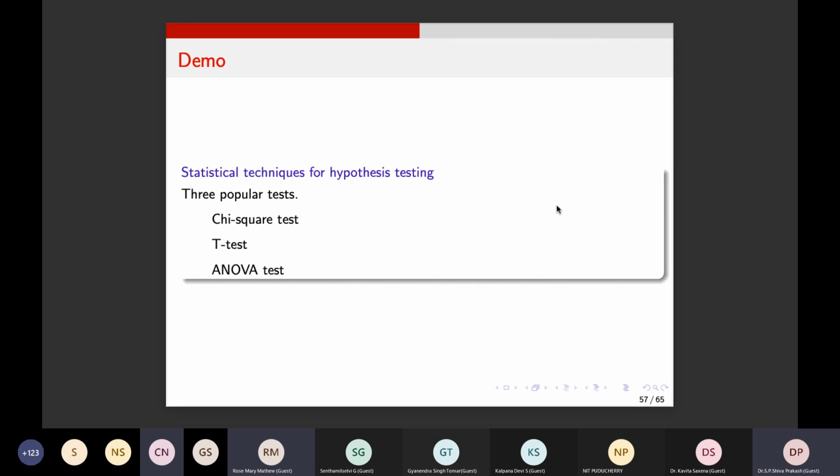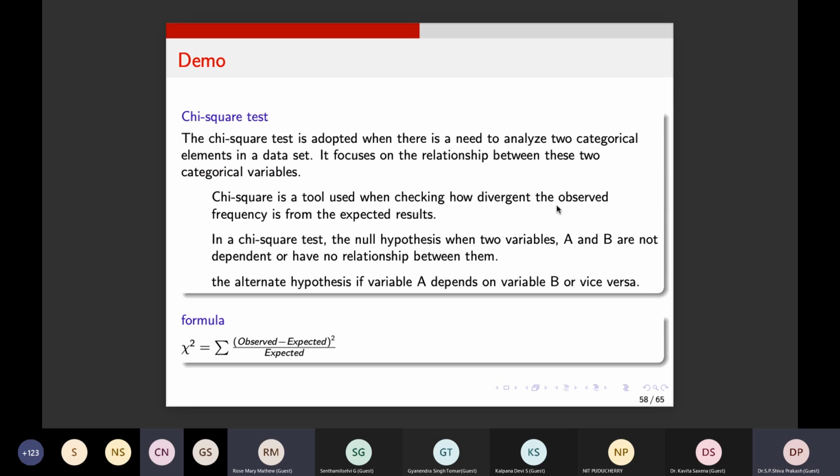The chi-square test is adopted when there is a need to analyze two categorical elements in a data set. It focuses on the relationship between these two categorical variables. It's a tool used when checking how divergent the observed frequency is from the expected results.